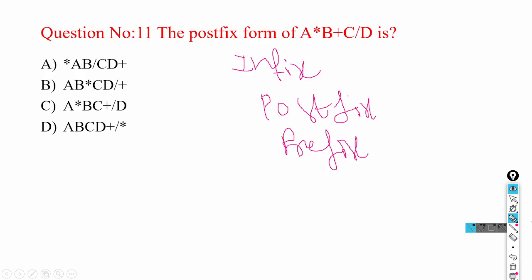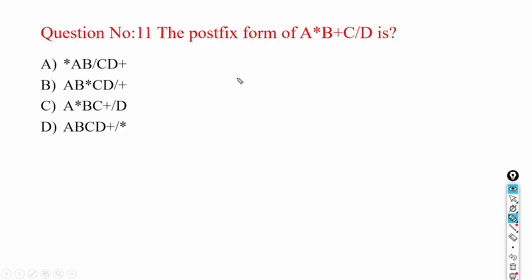So here they have given an expression, and we need to convert it into the postfix expression. Postfix means the operator comes after the operands.